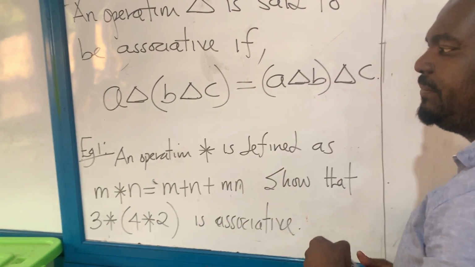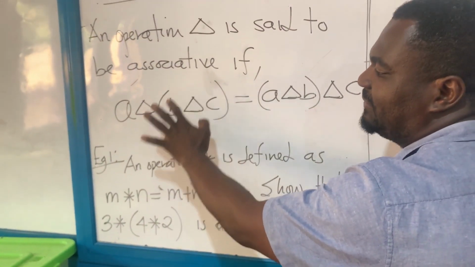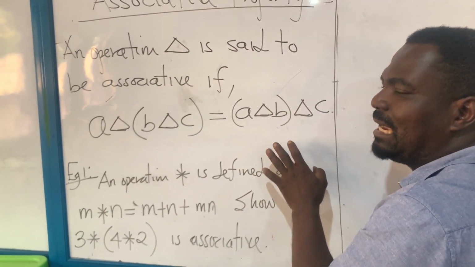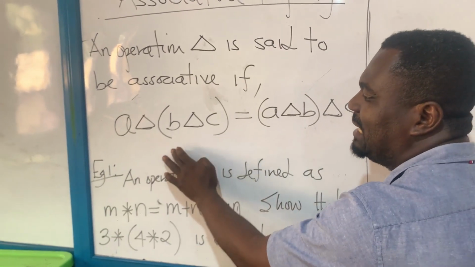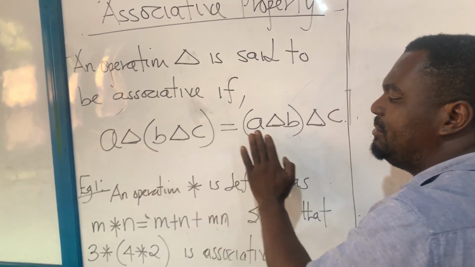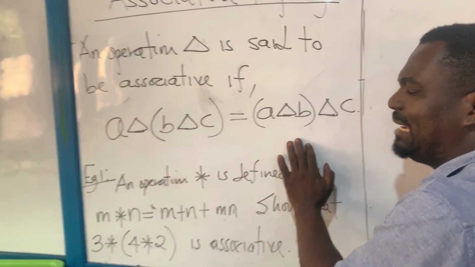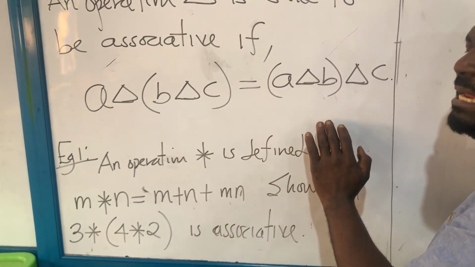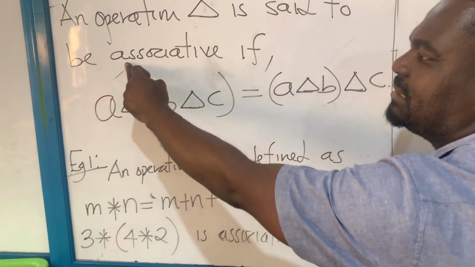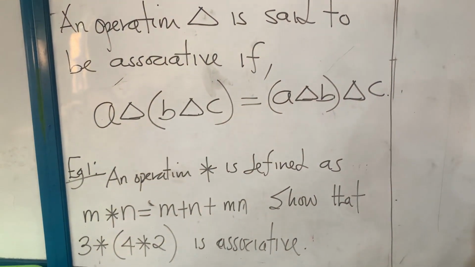So at the end of the day, after solving your left hand side and solving your right hand side, we are expecting that your left hand side and your right hand side answers are the same, then the operation is associative.